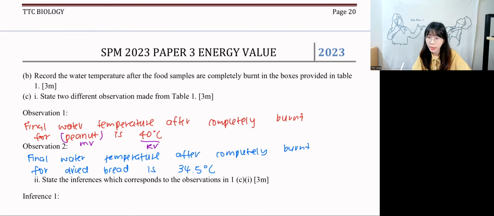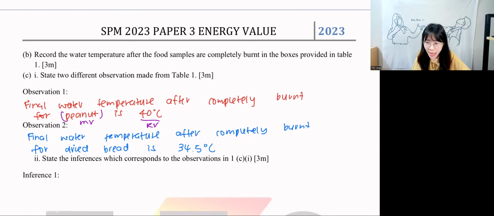Correct. Lighter and matches are apparatus, but if you base on being tested or used to test, then we don't have to include them in apparatus and material. Being tested is your food sample and the distilled water. Used to test is the boiling tube and thermometer.